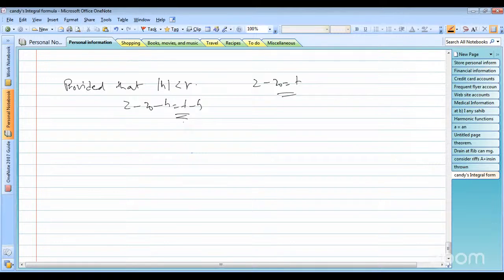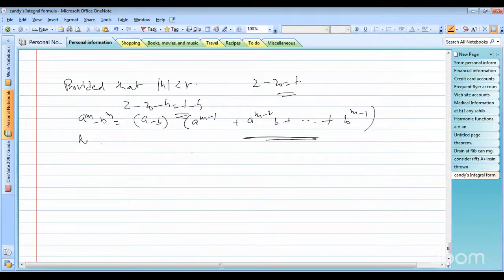So we are using the algebraic identity a^m minus b^m, which is equal to (a-b) times a^(m-1) plus a^(m-2) b and so on plus b^(m-1). This is like a cube minus b cube; we are writing the a^m minus b^m formula here.